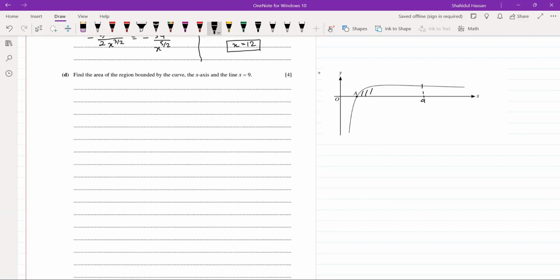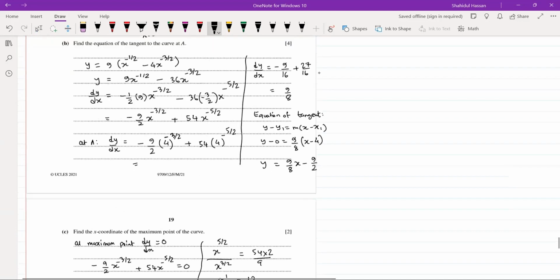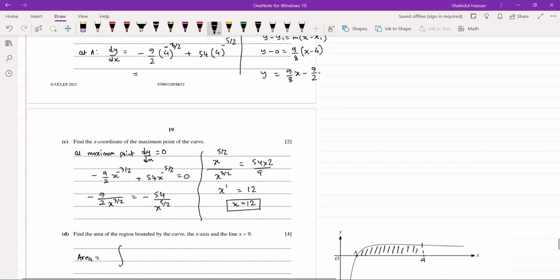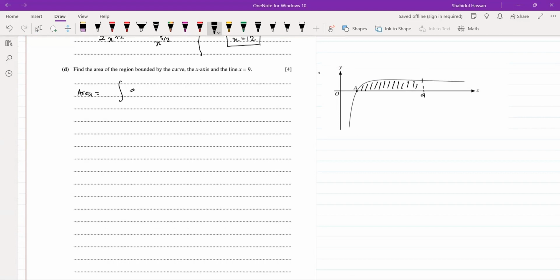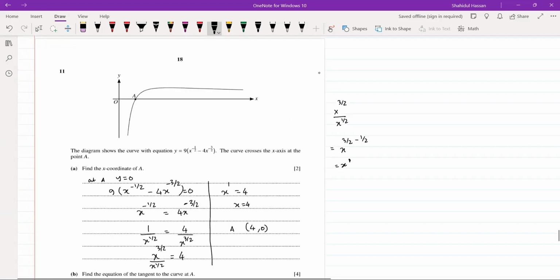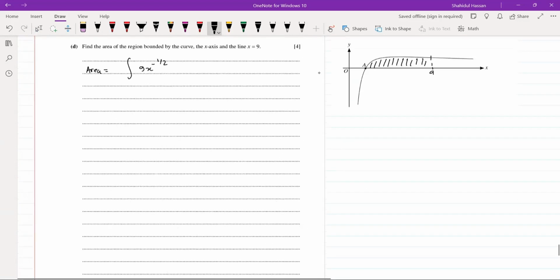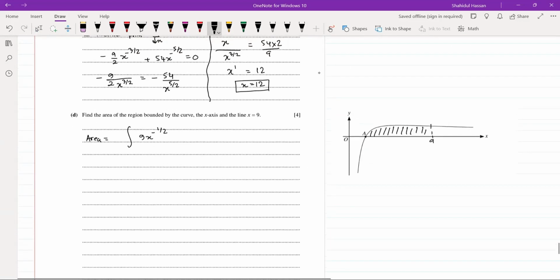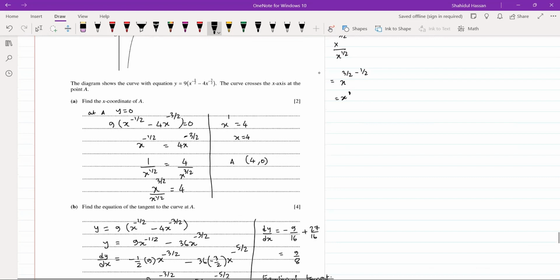So we want to find this area. To find this area, we need the integration of the curve, and the equation of the curve is 9x to the power minus half minus 36x to the power minus 3 by 2. So this is the equation.